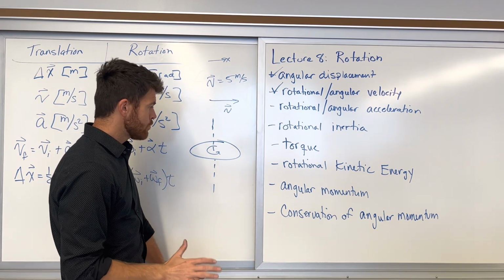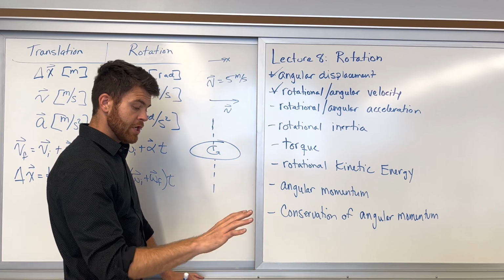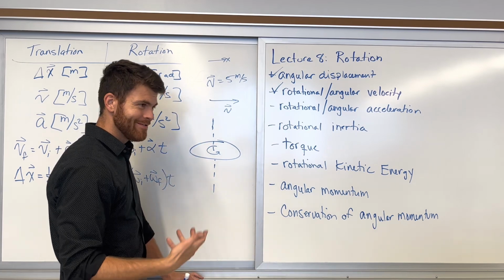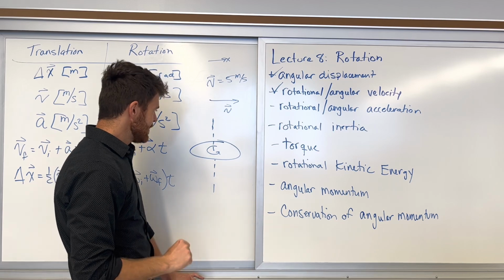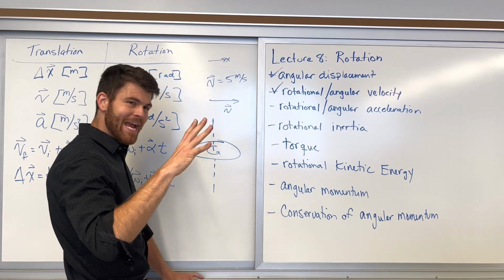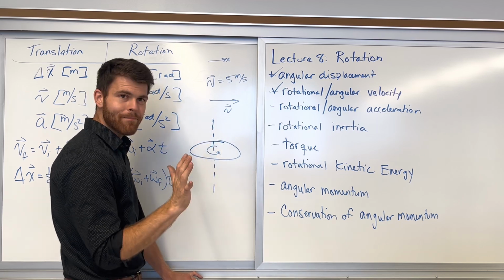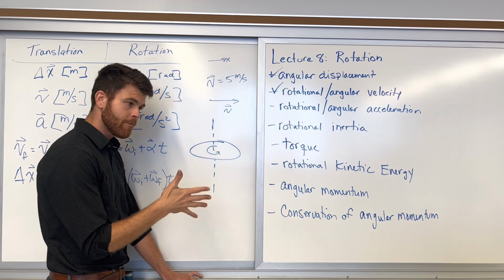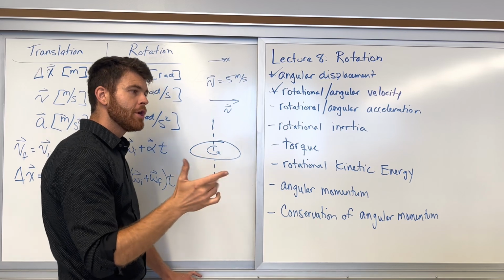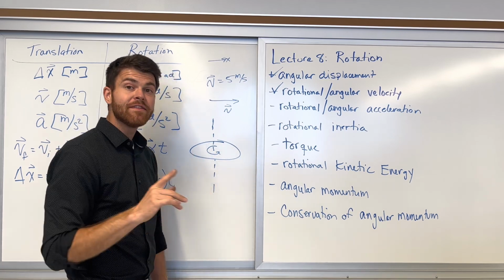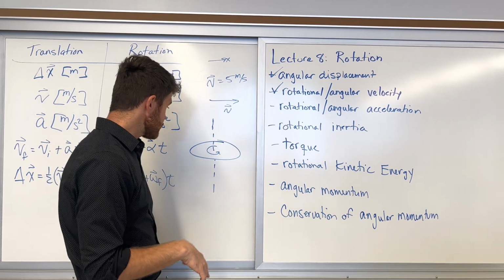And how the right-hand rule works is you take your right hand, that's the name, right-hand rule, and you pretend to grab the rotational axis and wrap your four fingers around it. But this is important: your fingers wrap around it in the direction that the object is rotating.